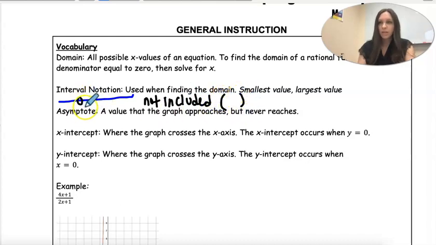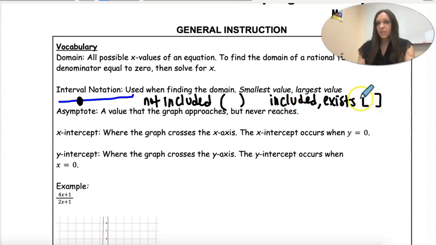And then sometimes on the number line, we would have a closed dot. And that means the value is included. That means it exists. And when that happens in interval notation, we use brackets. So in this section, we're only using parentheses, but we might see brackets later on.